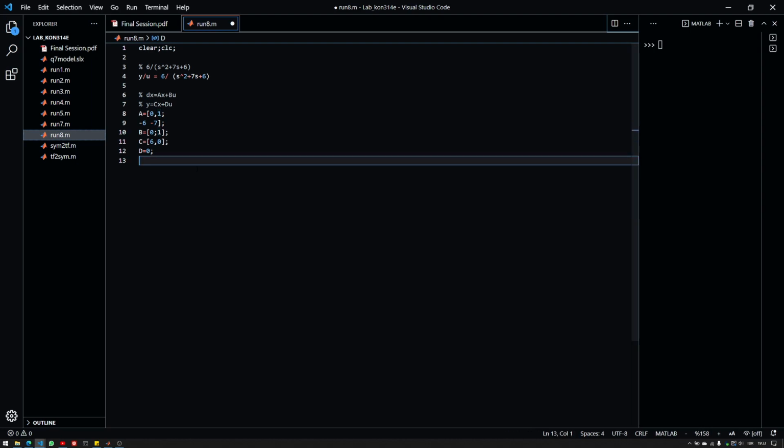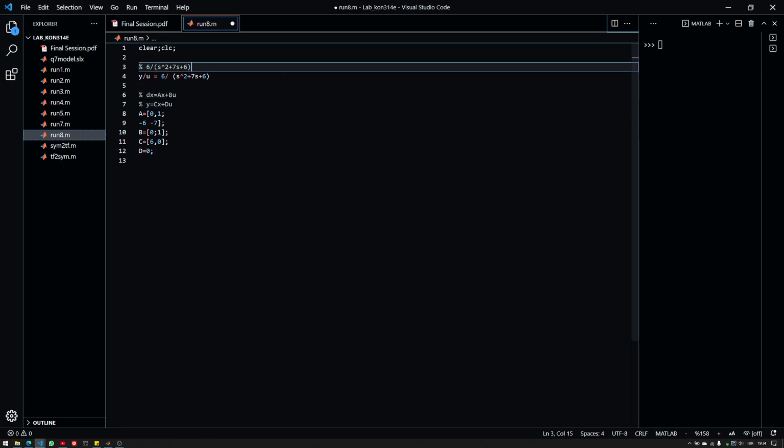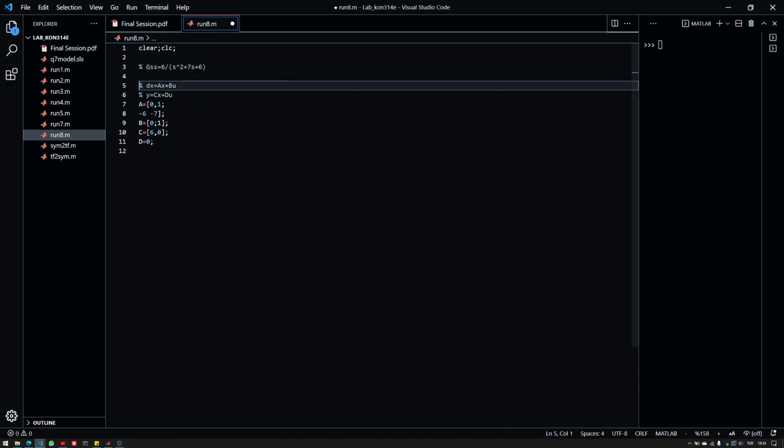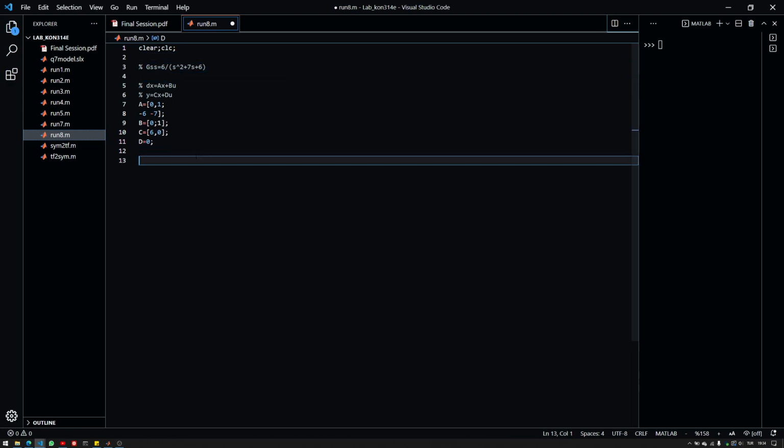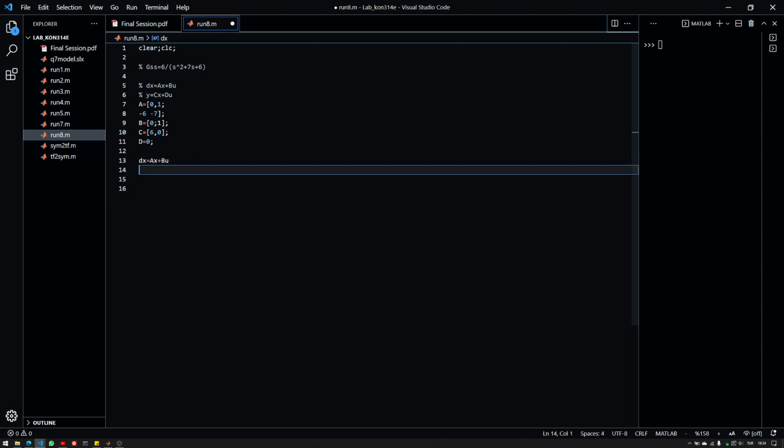So now let's try to validate this ABCD state space model, and we can achieve that by, let's say this is G(s). Let's get rid of this. Now we can do this by using the general notation that I've introduced just now, Cx plus Du.